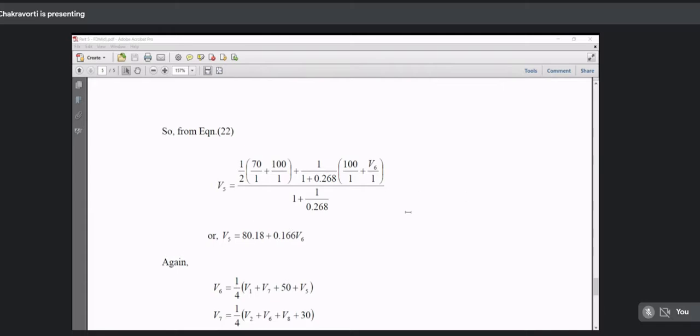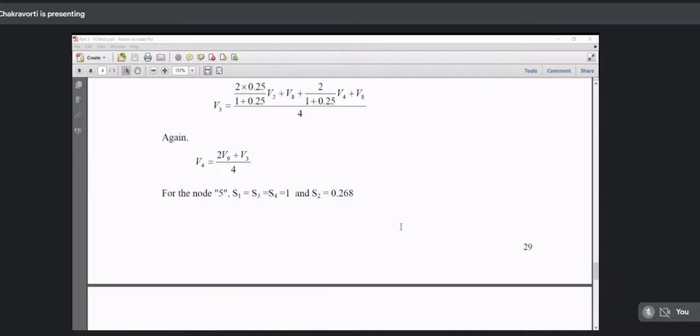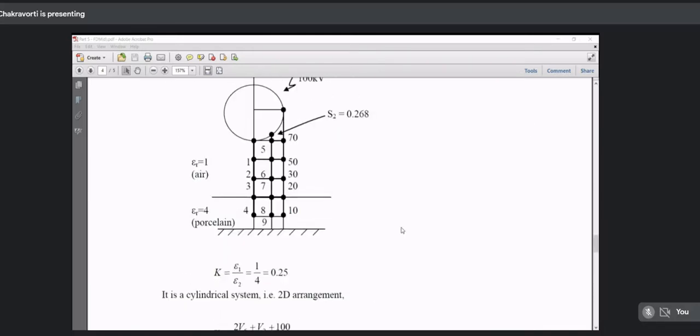Here, V5. This is the equation for unequal nodal distance. Once we have done all that, for V6 and V7 I will use equal nodal distance, and V9 also equal nodal distance. And for the boundary nodes, I have assumed certain potentials just for problem solving.